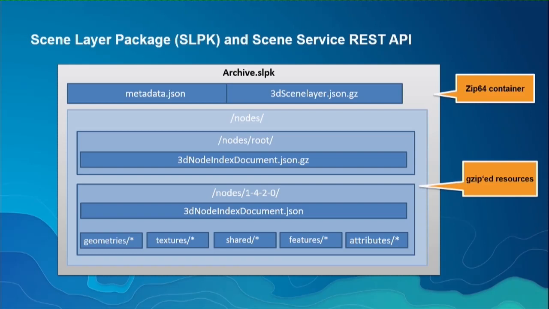So here's a schematic representation of what a scene layer package looks like. The metadata JSON, the entry point to that scene layer package, is metadata that describes the number of nodes and content within it. And then the key entry point to that is the 3D scene layer JSON.